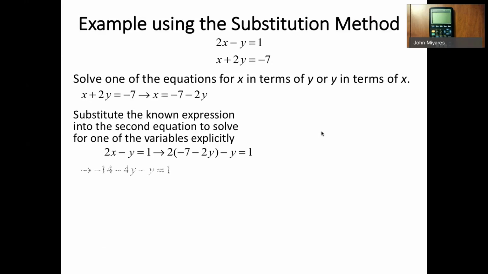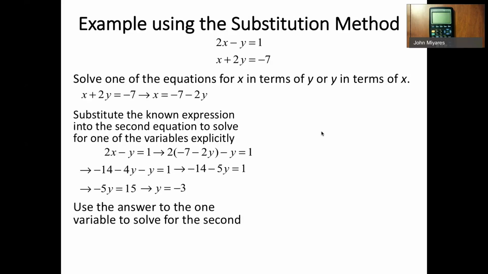Distributing the 2 will give us -14 minus 4y minus y equals 1, which then we can combine the like terms to get -14 minus 5y equals 1. Moving over the 14 gets you negative 5y equals 15, and then dividing out the negative 5 gets you y equals negative 3.